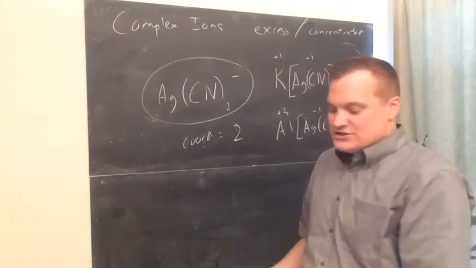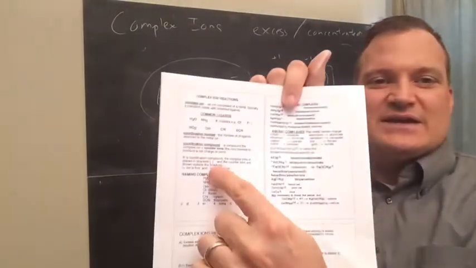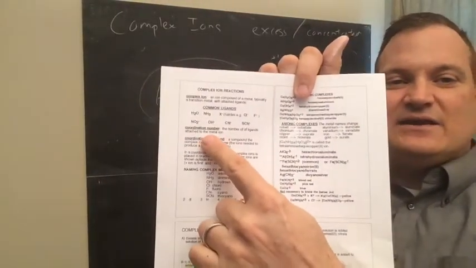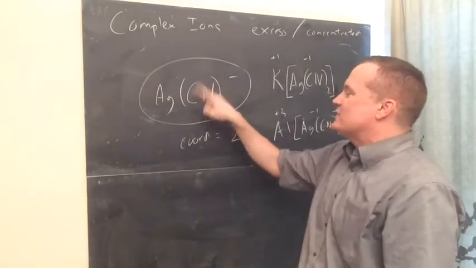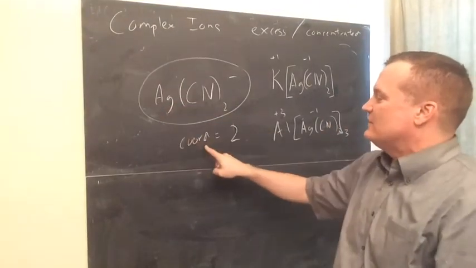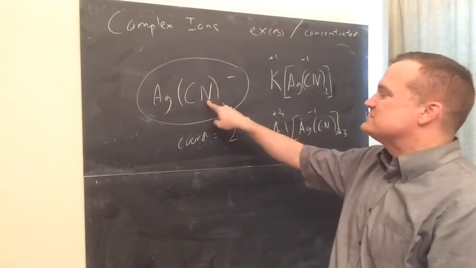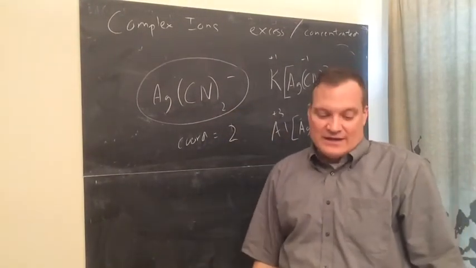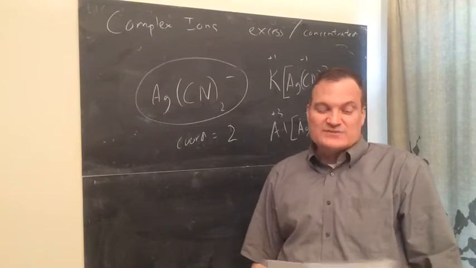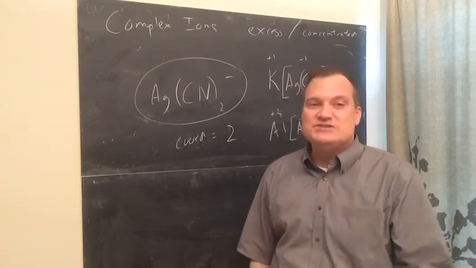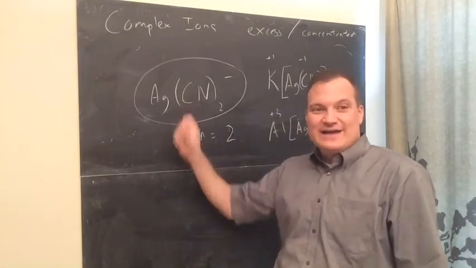Okay, coordination number at the beginning of the notes. That tells you how many ligands are attached to the transition metal, and there's 2 in this case. The coordination number will be 2 because 2 cyanides are on it. Now, an interesting thing about that, they sometimes ask you what is the geometry of that ion?